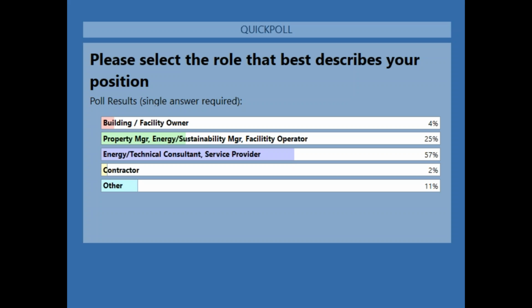All right, so 4% is building and facility owners. We have about 25% that are property managers, energy and sustainability managers, and facility operators. Our biggest group is with 57%, we have energy and technical consultants or service providers. And then we have about 2% that are contractors, and the other 11% is in our other category.